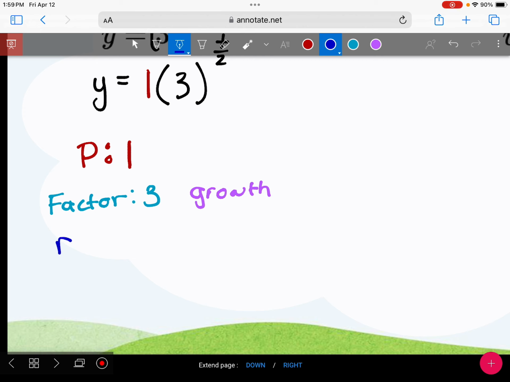So my rate is 2, or if we put it as a percent, 200%. So we added 2, a whole 2, not 0.2, not 2%, 2. So this thing is getting really big really fast.